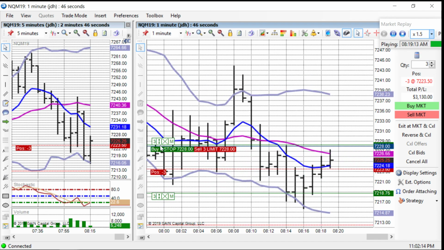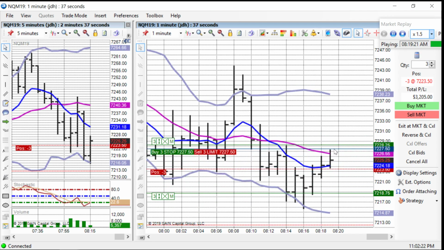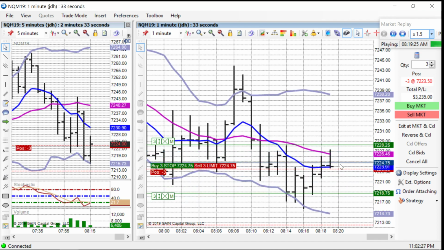Do what I never say never to do, and move that stop loss. The stop loss is there for your protection, so the best policy is always, if you're wrong, just let it get hit, even though that sounds painful. This was the P3 point right here. See how it's coming back through that previous open, previous close.